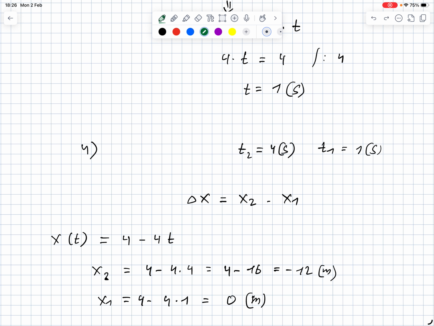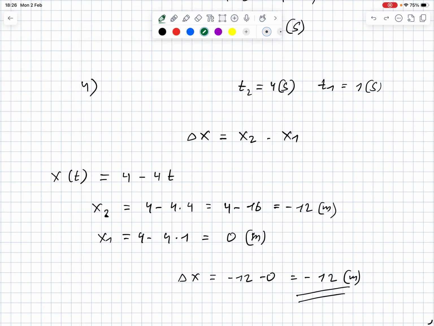Let's use the final time of 4 seconds. When we substitute t with 4 seconds, we get the final position is minus 12 meters. And for the initial position, we will use, of course, the initial given time of 1 second. Then we have the initial position of 4 minus 4, which is 0.